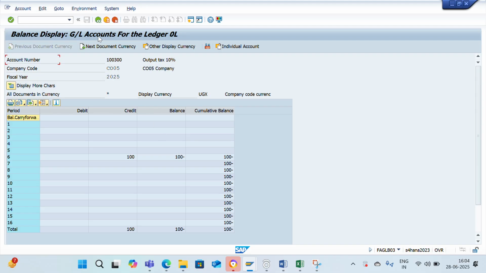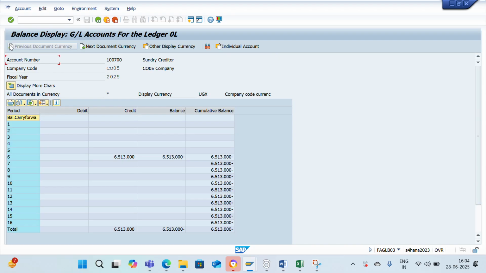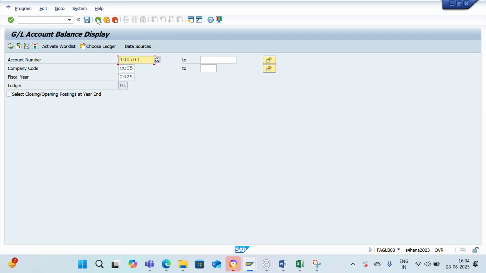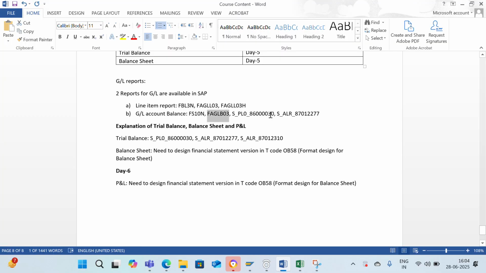Again we have 100, and there are minor differences in those different GL accounts, which I will explain in the upcoming sessions when you have more understanding of accounting principles, ledgers in SAP, and different other terminologies in detail. As of now you can see the same balance in this report also for those GL accounts.